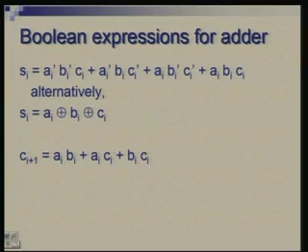As far as sum is concerned, it is those 4 combinations of Ai, Bi and Ci where we had sum as 1: the single one cases and all 3 ones. Another way of looking at this is an exclusive OR of Ai, Bi and Ci, which means that if the number of ones is odd, you have a 1. If the number of ones is even, you have a 0 here.